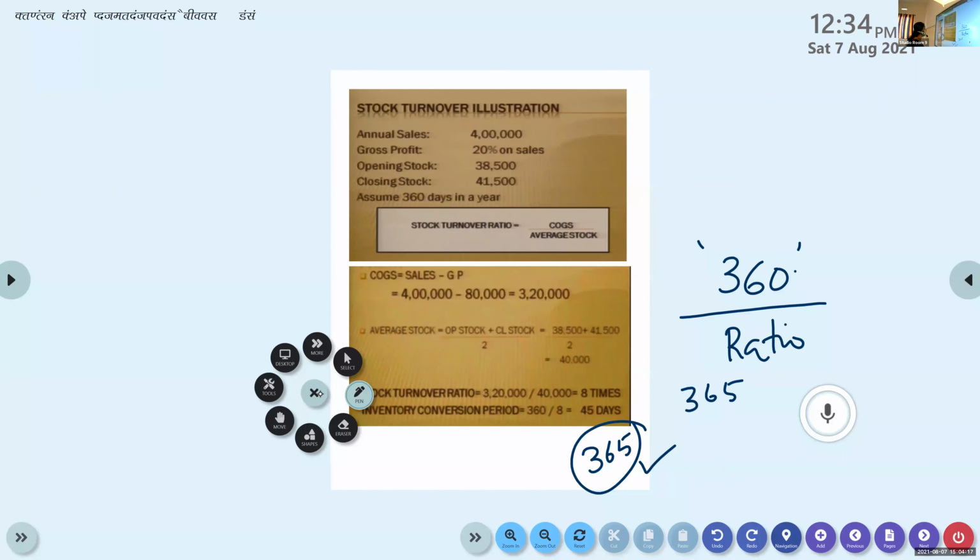Gross profit is 20% of annual sales, it says. So 4 lakh into 20 by 100 will give you gross profit, which is 80,000. Sales is given to you, so sales minus gross profit: 4 lakhs minus 80,000 is 3,20,000.